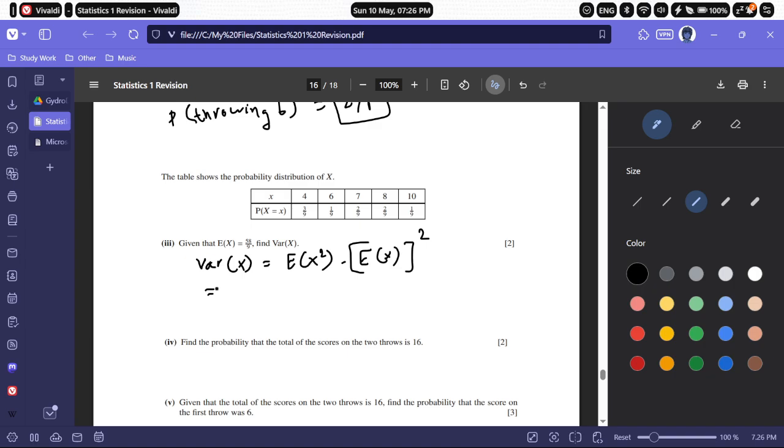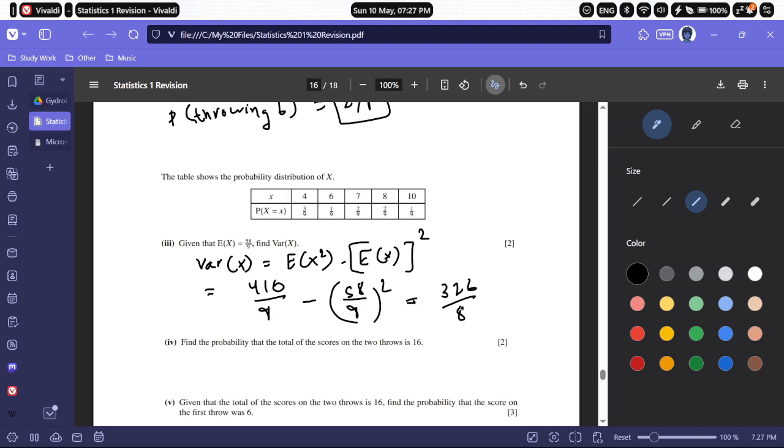So 410 over 9, minus 58 over 9 the whole square. That gives you 326 over 81.